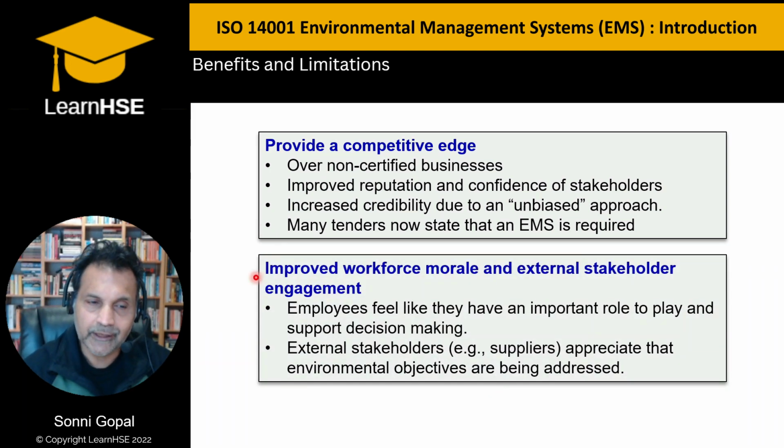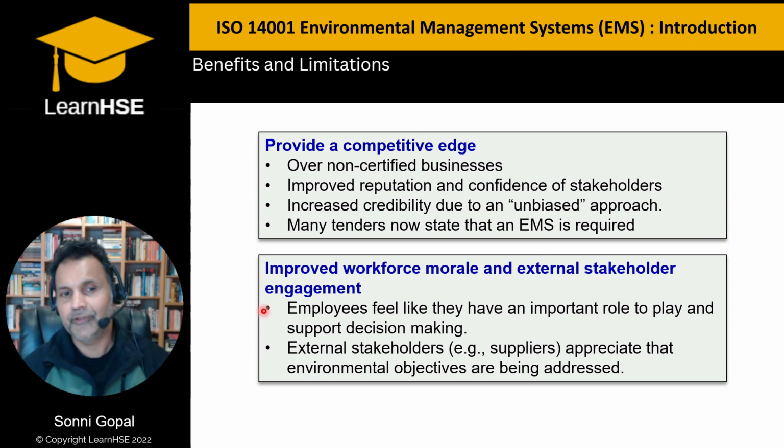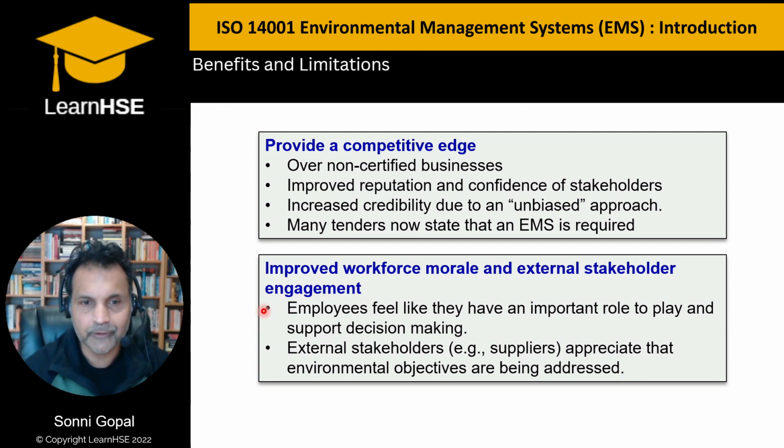Other things also, it provides improved workforce morale and also external stakeholder engagement. Employees feel like they have an important role to play and support in the decision making. External stakeholders such as suppliers appreciate that the environmental objectives are being addressed.